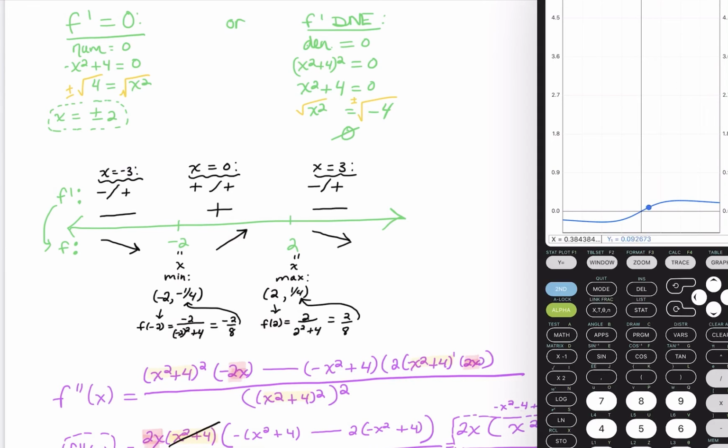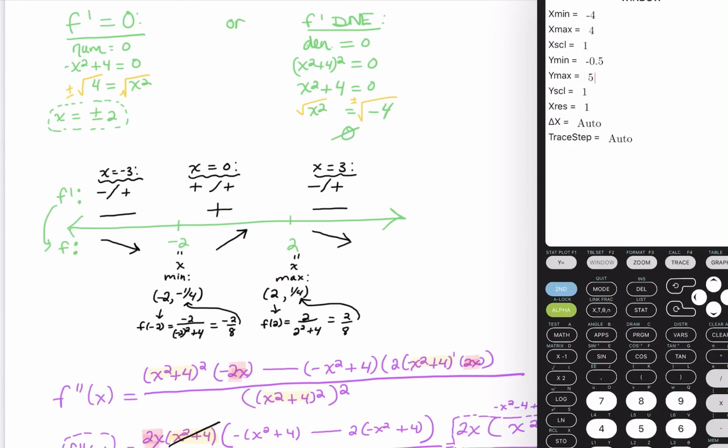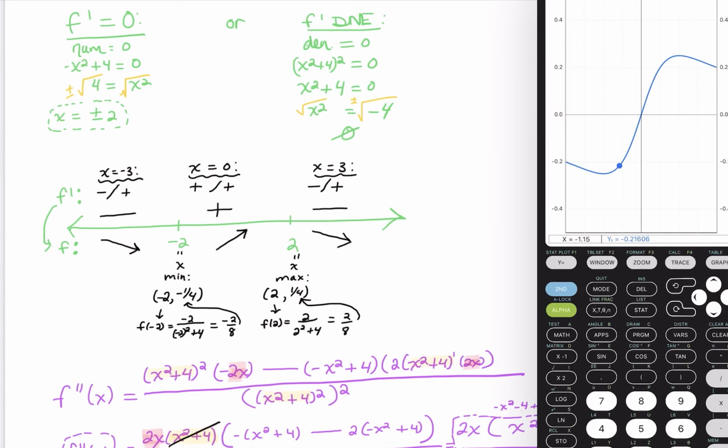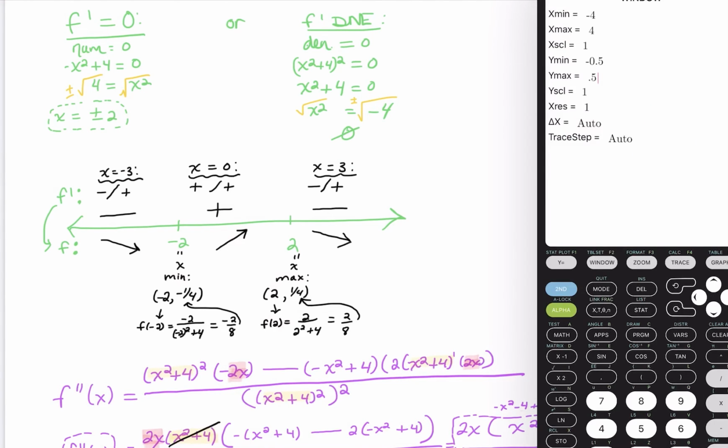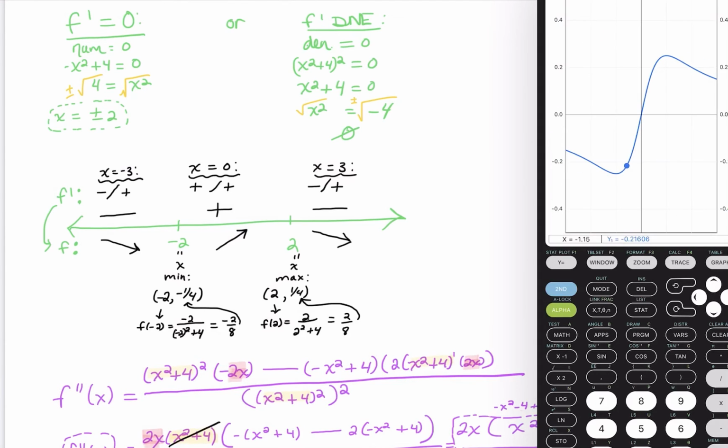Why did that go window? Oh, because I went to 5, not 1/2. All right, so this is looking a little bit better. Maybe on my x's, I should go out a little further, maybe -6 to 6. All right, so not bad.